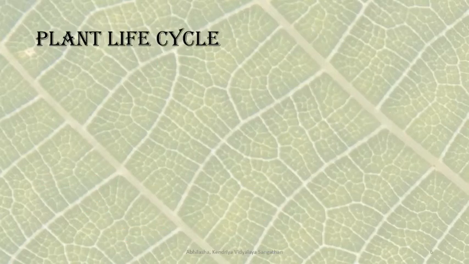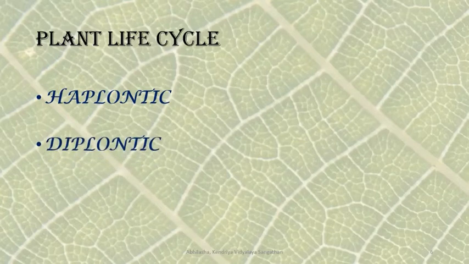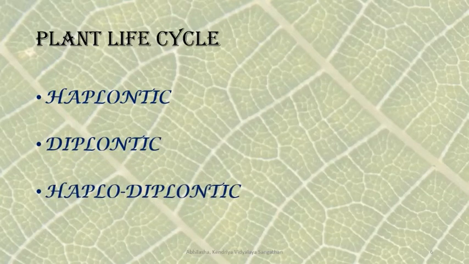Now on the basis of which phase, haploid or diploid, is taking more time in the life cycle or is more dominant, the plant life cycle can be considered as haplontic, diplontic or haplo-diplontic. Let's study these three types of life cycles in detail.